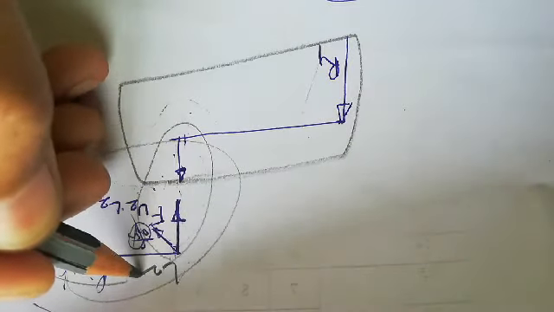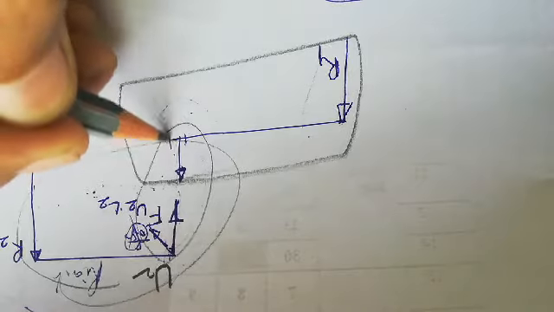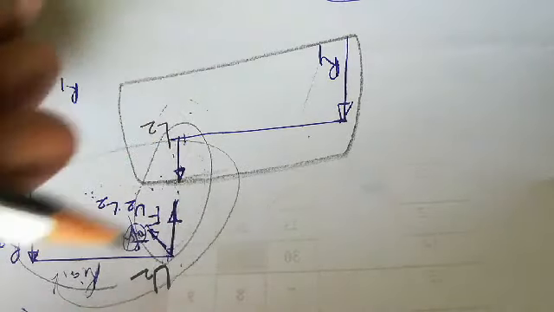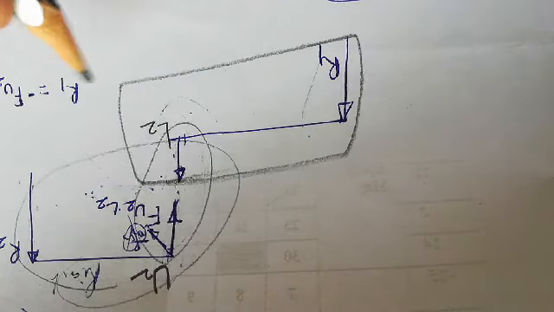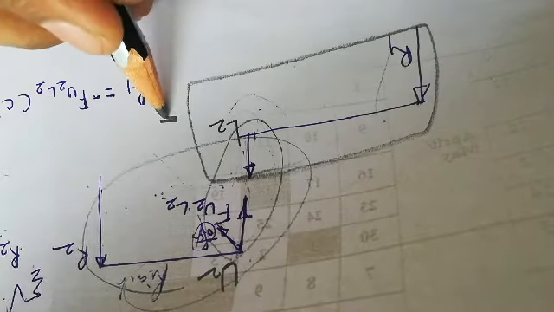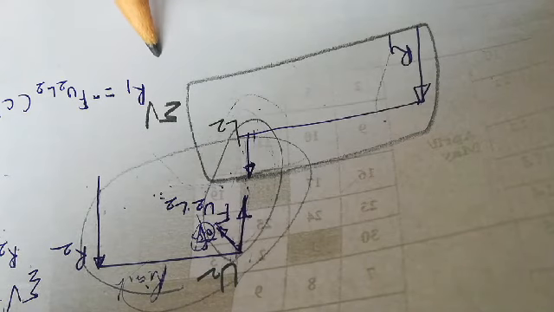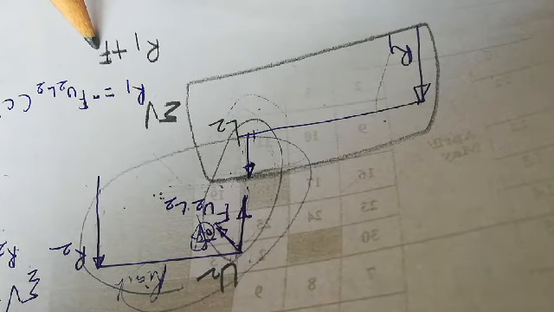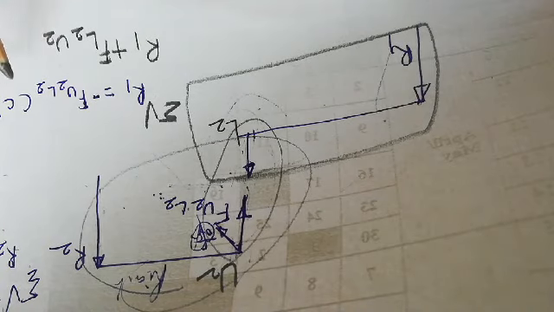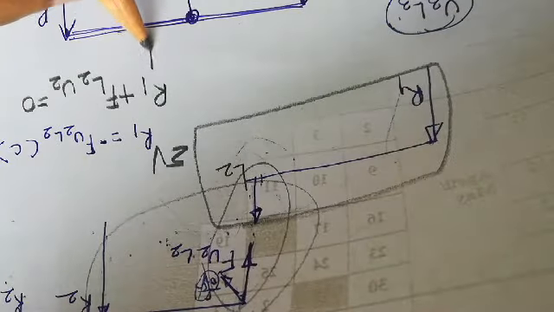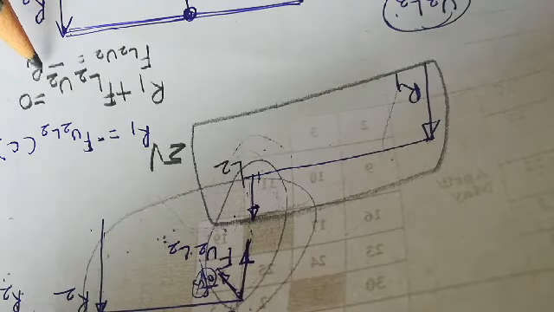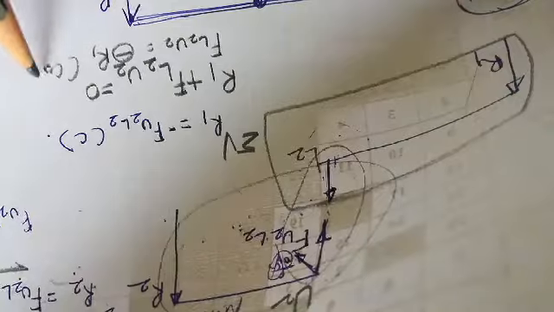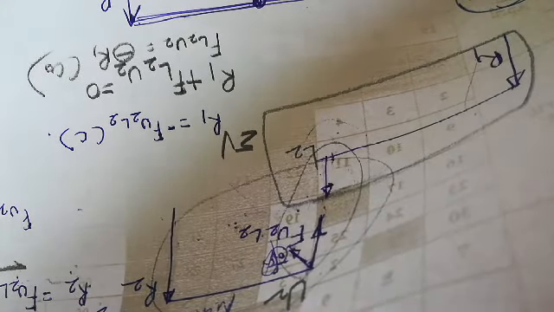This is U2 and this is L2. To equalize this force, it should be equal and opposite in direction. Taking the summation of vertical forces, I get R1 plus the force in L2 U2 equals 0. So the force in L2 U2 is minus R1. Instead of minus R1, I'll say it is compressive in nature.